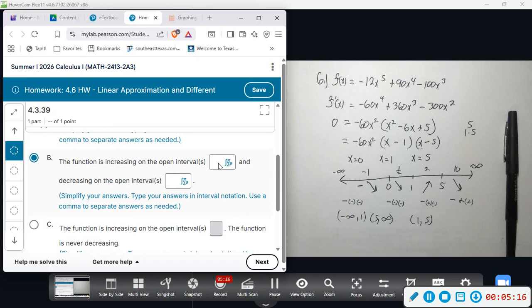Okay, so we're going to say increasing from 1 to 5, decreasing negative infinity to 1, and 5 to infinity.